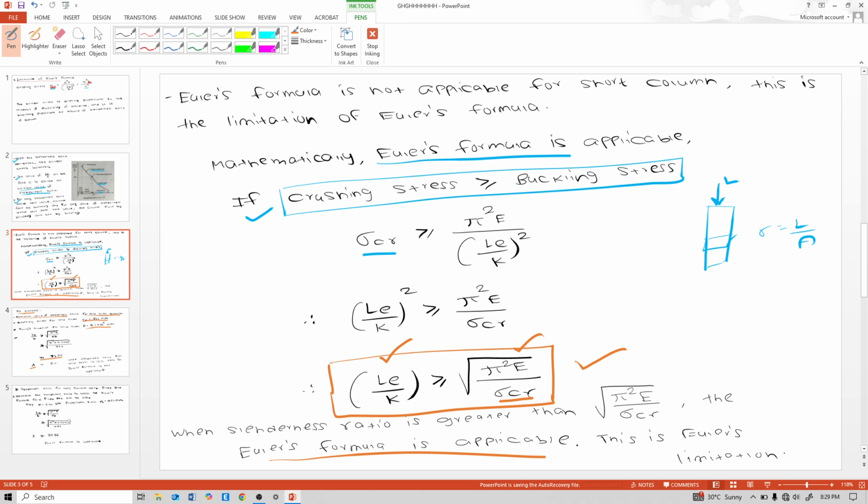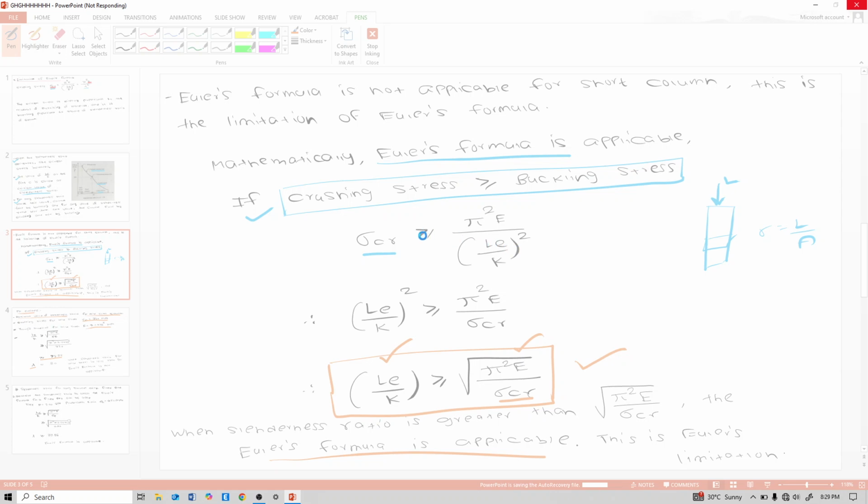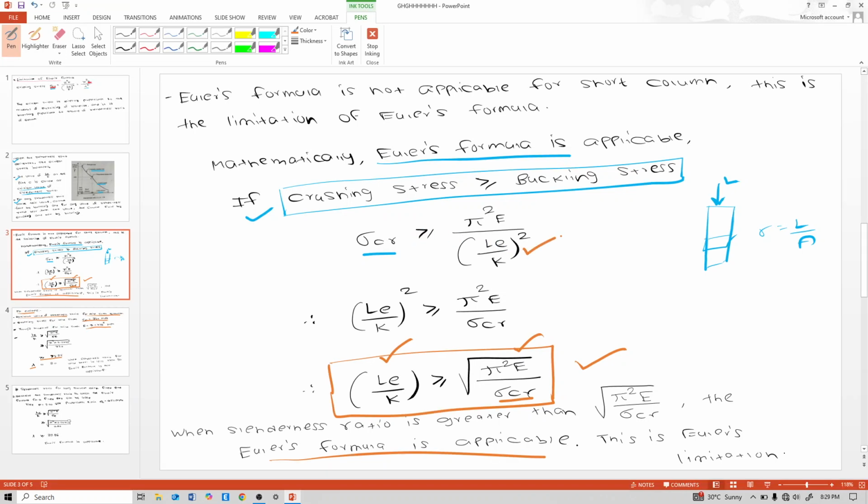We know this term, pi square E upon (LE upon K) square, and this is new for us: crushing stress is greater than or equal to buckling stress, then only Euler's formula is applicable. Remember that crushing stress is greater than or equal to buckling stress.